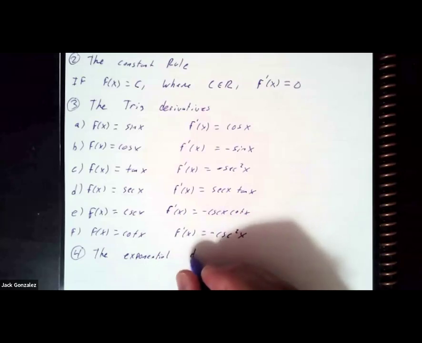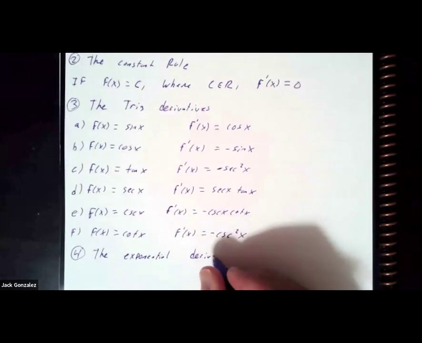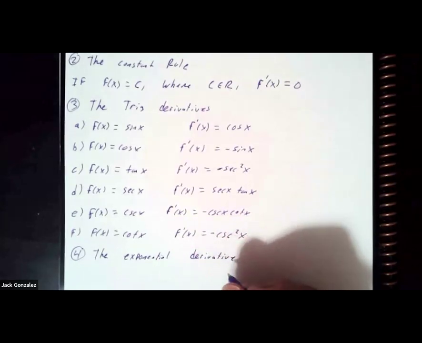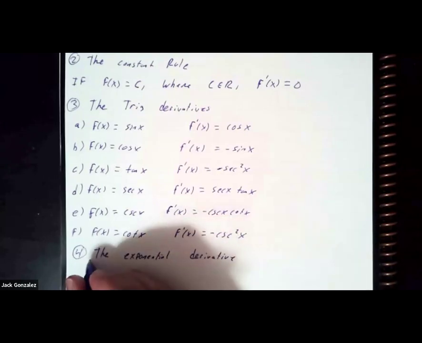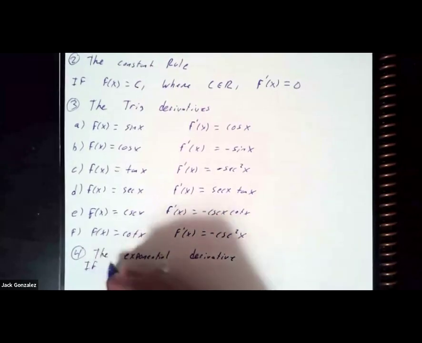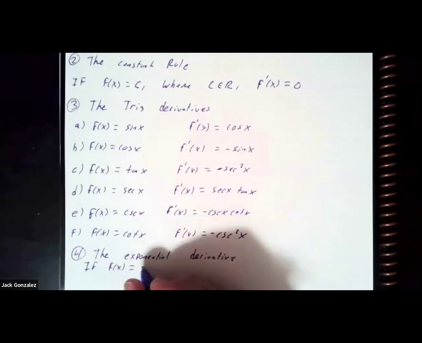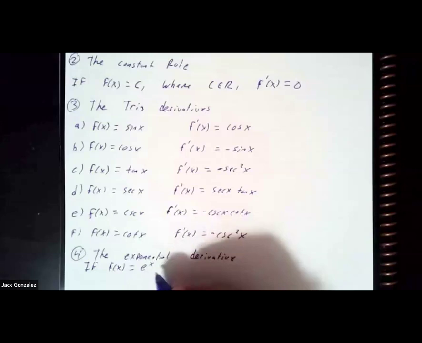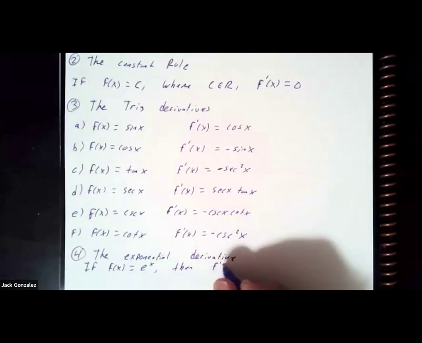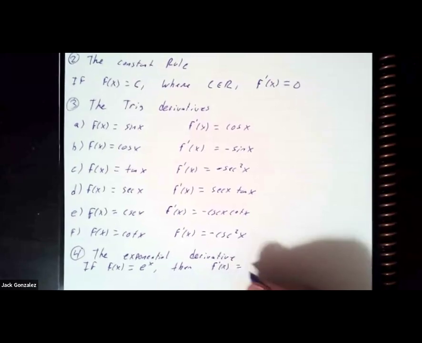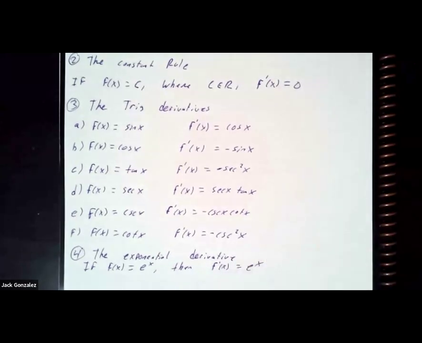The exponential derivative: if f of x is equal to e to the x, then the derivative will just be itself. It doesn't change.